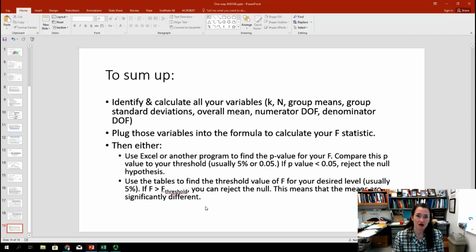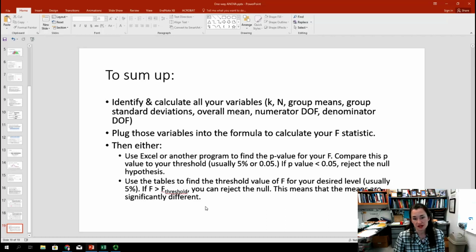Once you've identified all those variables and written them down, you might need to then plug those variables into a formula and calculate your F statistic if the problem doesn't provide it. Once you have your F statistic, you've got a couple of choices.